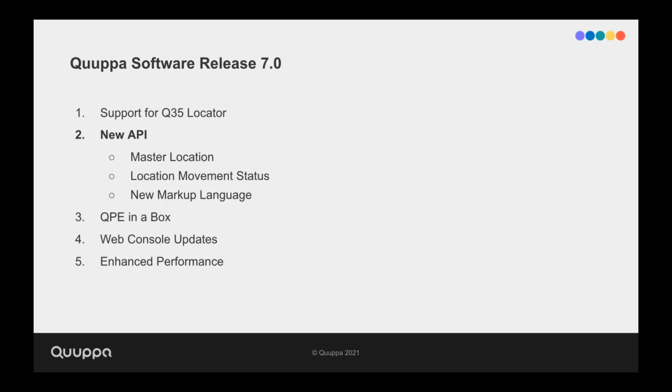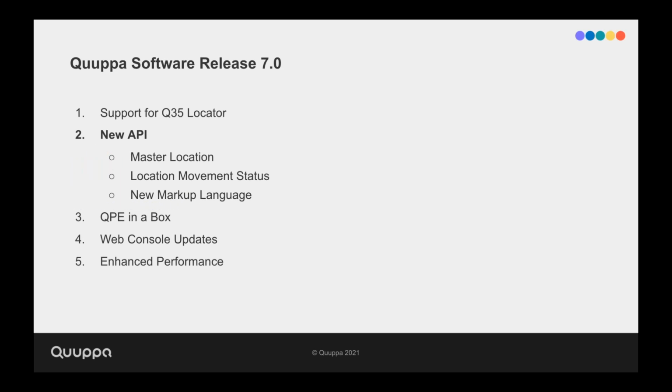So moving on from the hardware side to the software side, we're really excited to present to you some of the updates within our latest release, which we are calling SW7 or Software Release 7. So let's have a look at some of the contents of the latest release.